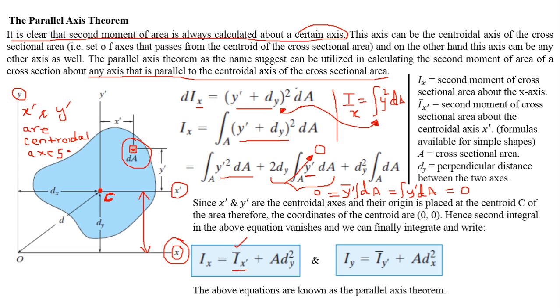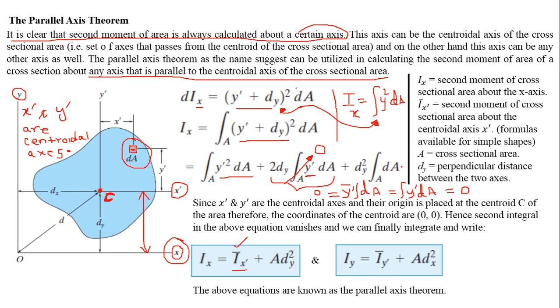Since this centroid is placed at the origin of x dash and y dash, y prime bar will be 0 at this point, because this is the origin of the coordinate system x dash and y dash. Therefore that is why this integral becomes 0.